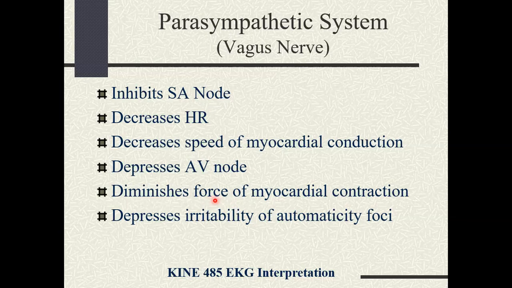The positive thing is, in individuals that have maybe certain types of arrhythmias or are a little bit more susceptible to arrhythmias or ectopy, as we like to call it, bad heartbeats, it will depress or slow down the irritability of certain cells that are the culprit of those initial arrhythmias or bad heartbeats.